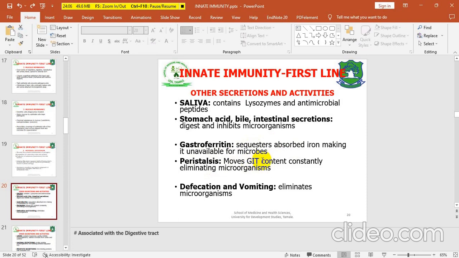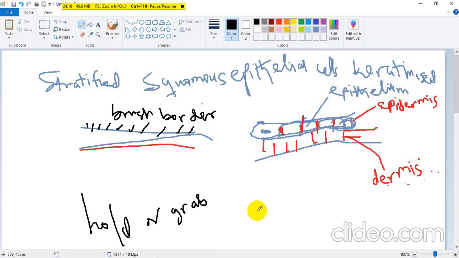The constant movement of the esophagus, of the gastrointestinal tract, the peristalsis. You all know peristalsis. If this is the esophagus or the stomach, when there is a bolus of food here, the esophagus will move like this.